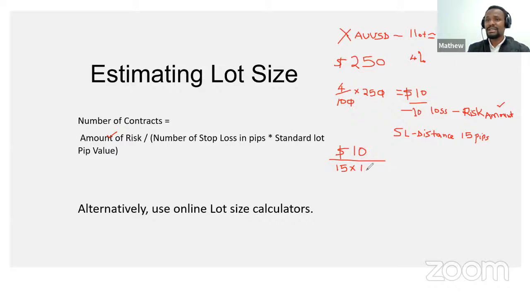In this case, the standard lot pip value for gold is $10. This is giving us 10 divided by 150, an approximate estimate. If you have a calculator, you can do it.